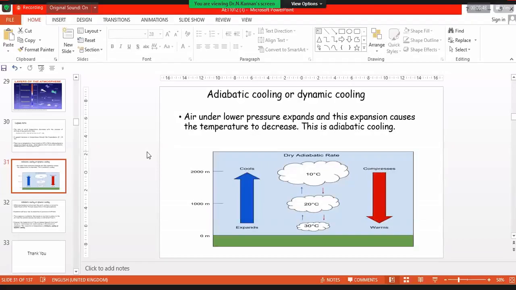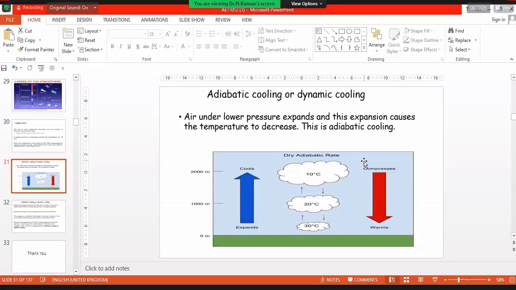So here, when you reduce the temperature, you see this direction, 30, 20, 10, right? It expands. As it expands, it cools. This is the normal procedure. You can see the changes with the altitude. When you compress the air, it warms. Then we can see the temperature profile in this direction, 10, 20, 30.